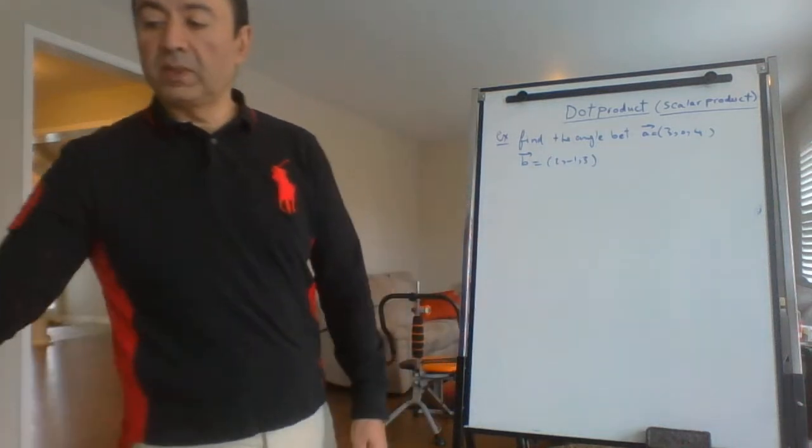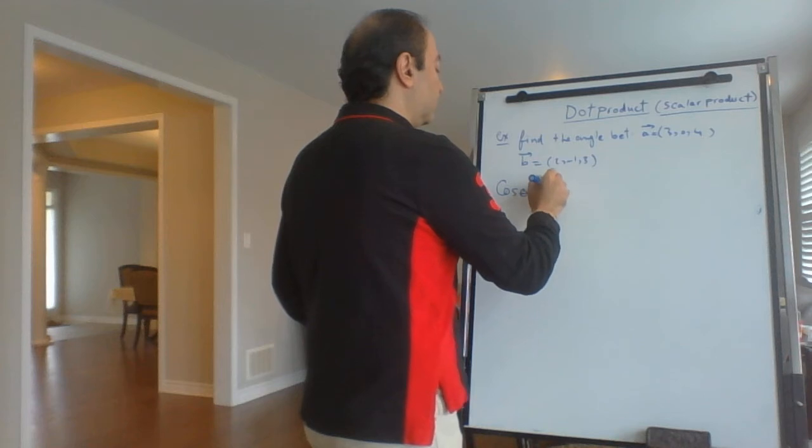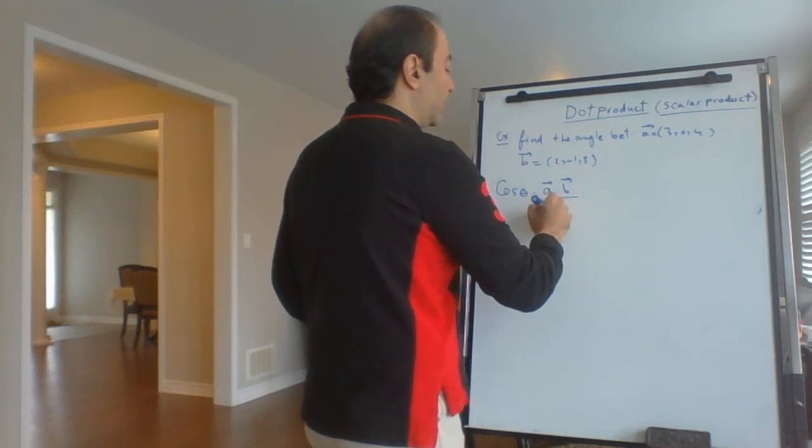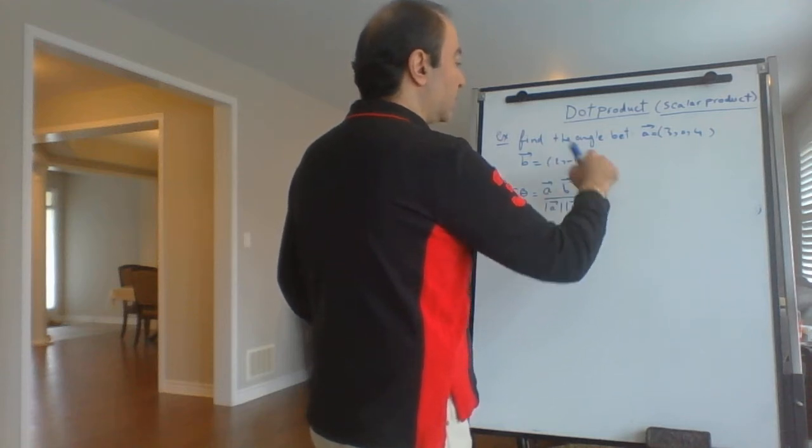So we know that cosine theta will equal A dot B over the magnitude of A times the magnitude of B. A dot B is very easy.